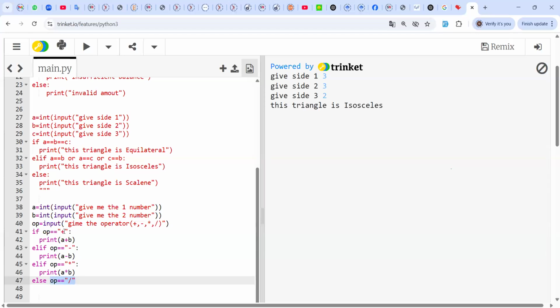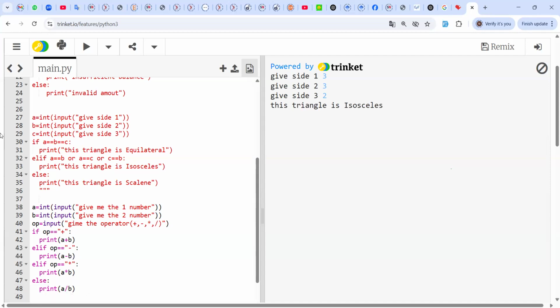If the operator is not a plus, not a minus, and not a multiplication, that means definitely it is a division. We don't have to write a test, and it will give us an error if we write a test in front of else. So else, we are going to print on our screen A divided by B. Okay, guys, is everything clear?